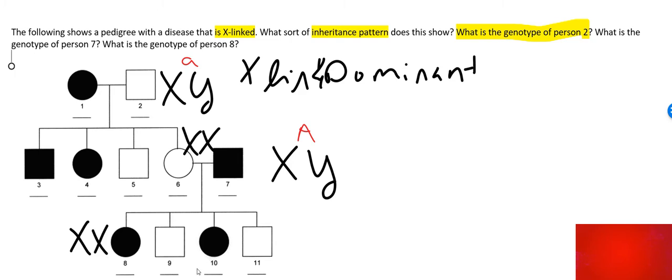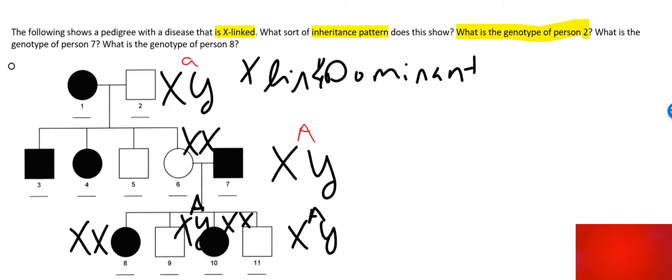So we have this female here, and we have number 9 at this point. He's XY, and this one is also XY, and this one is XX. For this boy to be normal, he has to have the normal lowercase a allele, and same for this guy, same lowercase allele.